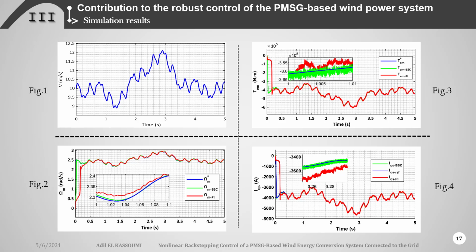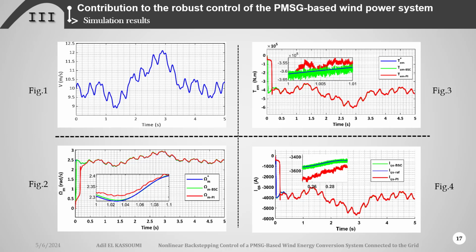A wind profile with a variable speed between 7.85 and 11.5 meters per second and an average value of 9.67 meters per second is applied to the turbine blades as described in Figure 1. The turbine speed and electromagnetic torque are shown in Figure 2 and Figure 3.